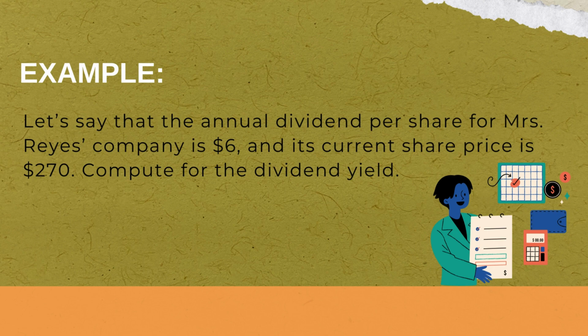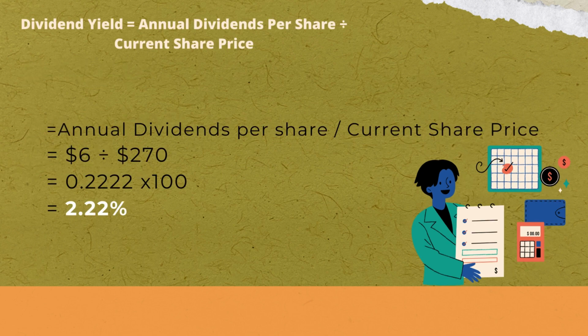Let us now compute for the dividend yield. The formula for dividend yield is equal to annual dividends per share divided by the current share price. From the given example, the annual dividends per share is $6 and the current share price is $270. And that would be $6 divided by $270. That is equal to 0.0222.